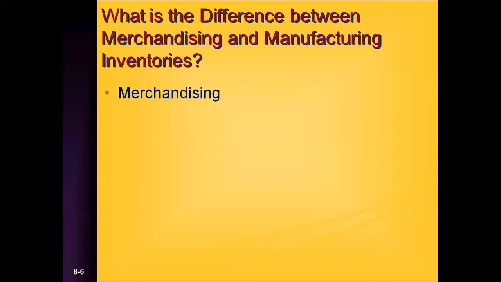Specifically where you are buying inventory and using it to be resold. A good example of this might be, let's say you owned an athletic shoe store. You would purchase a large number of shoes from Nike, and you would resell those shoes. That would be typical as a merchandising inventory.